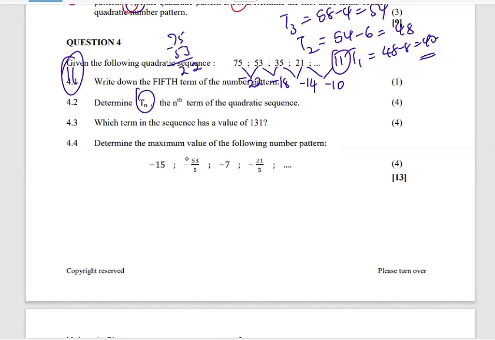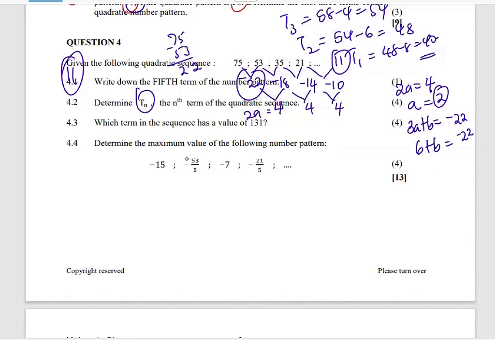Determine the nth term. With the nth term, we need the second difference. This is going to be plus 4, plus 4, plus 4. So this should be equated to 2a, meaning that 2a is 4, a becomes 2. And then 3a plus b must be equated to the first difference, which is negative 22. If a is 2, we shall have 6 plus b is negative 22. b becomes negative 28. a plus b plus c should be our first term, which is 75.